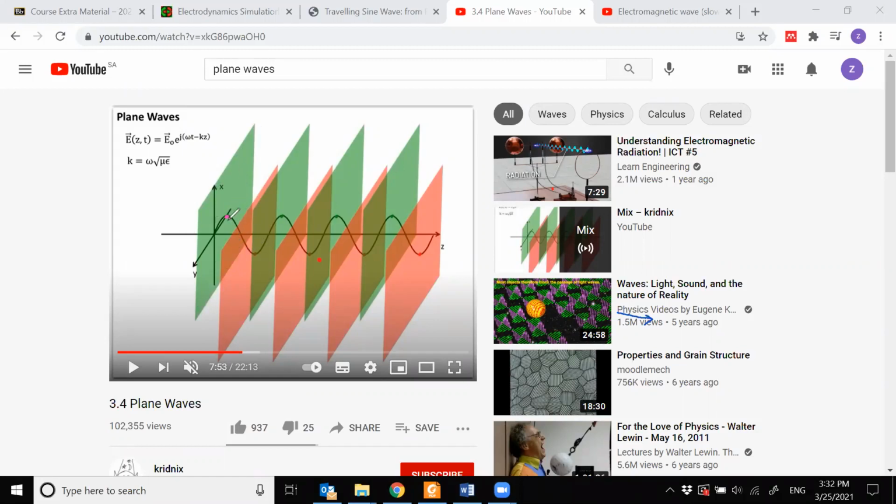So now don't look at it as one point, look at it as a plane. So this point belongs to this green plane. Then again, you have another point here of your sine wave, which is at the lowest peak, and that is shown by the red plane. Then again, you have a positive peak, which is shown by the green plane, and the negative, which is shown by the red plane.